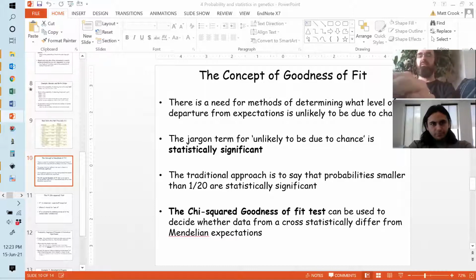That's the p-value. So what that's telling you is that the probability of getting this difference by chance is less than 1 in 20.